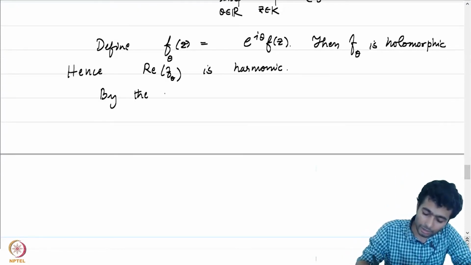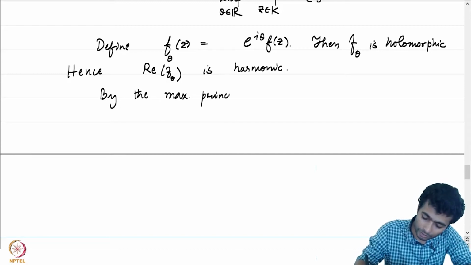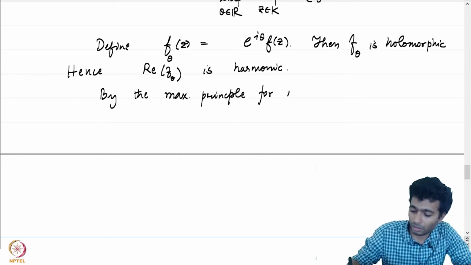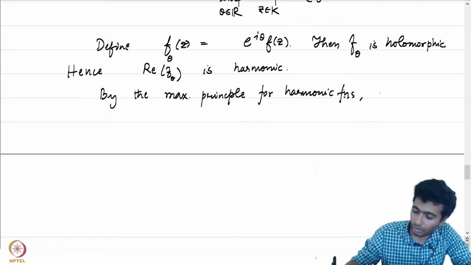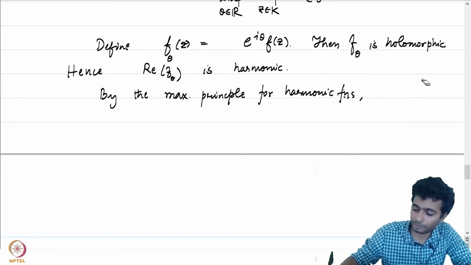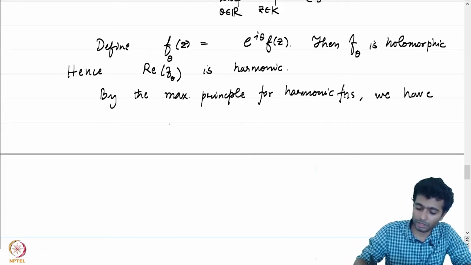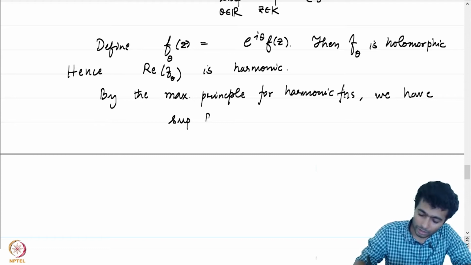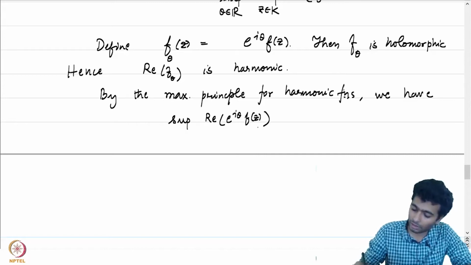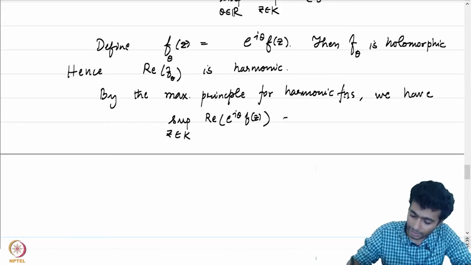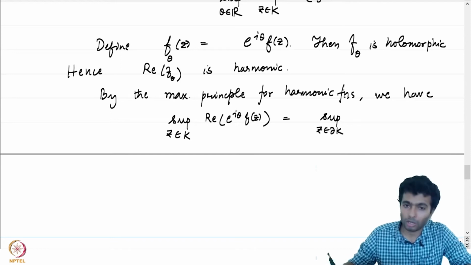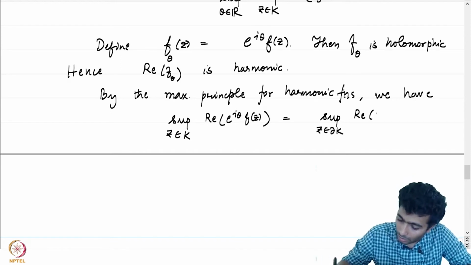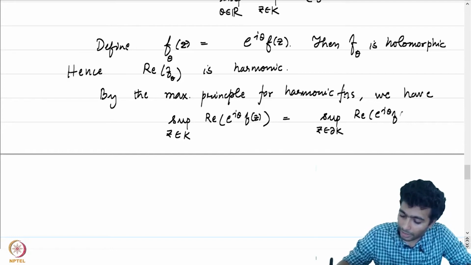By the maximum principle for harmonic functions, we have that the supremum of the real part of e to the power i theta f of z, where z belongs to K, is the same as the supremum over all the points on the boundary rather, of the real part of e to the power i theta times f of z.